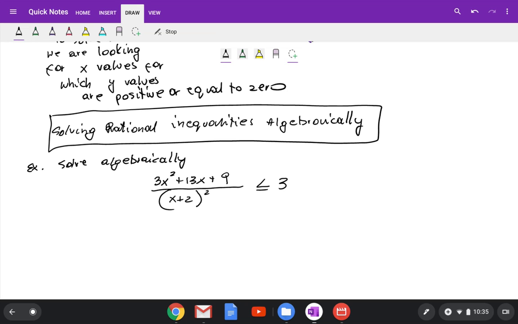Okay, so step 1 will be: rewrite the inequality to have 0 on the right side.